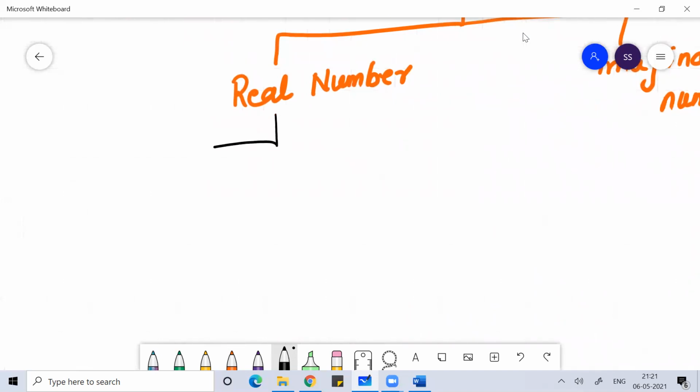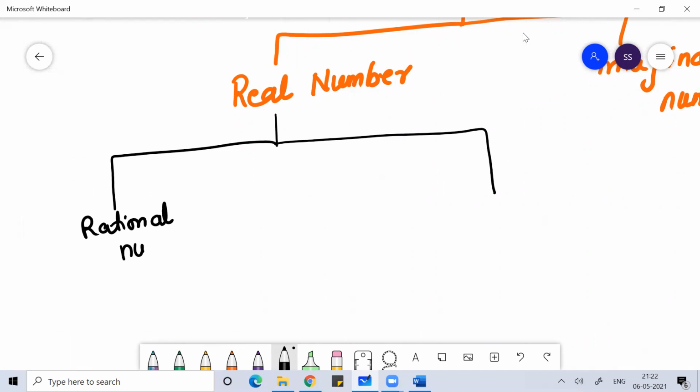And these real numbers are basically of two types. When we say real numbers, they can be either rational numbers or irrational numbers. So what are rational numbers?